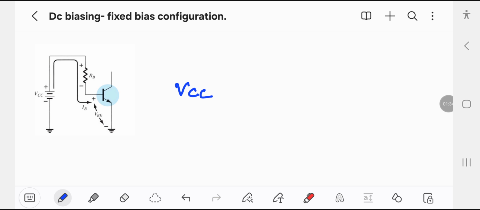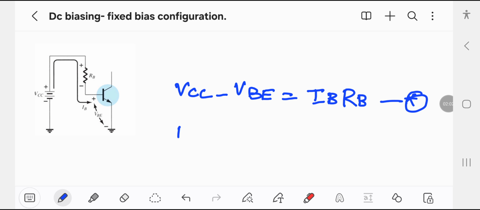So according to Kirchhoff voltage law, VCC, which is the voltage here, minus VBE, which is the voltage from base to emitter, is equal to the voltage drop across the resistor RB. Now this is the equation.